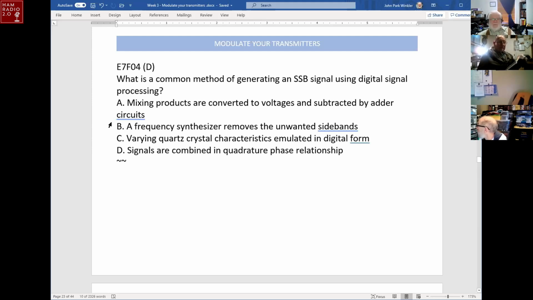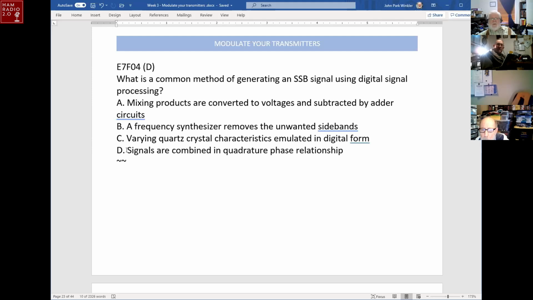West talks about this being a modern way of doing the phase modulation to generate single sideband. What they did in those days is they split the audio into two components, one 90 degrees out of phase with the other.